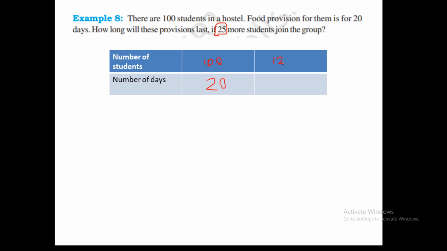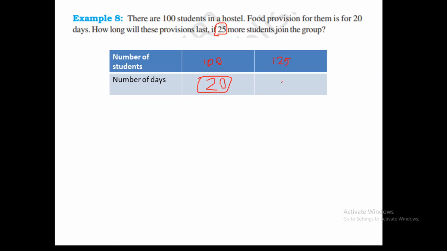Now we have 125 students. So we know if there is a fixed amount of food, if the number of persons increased, then that food will finish within less than 20 days, sure, right?